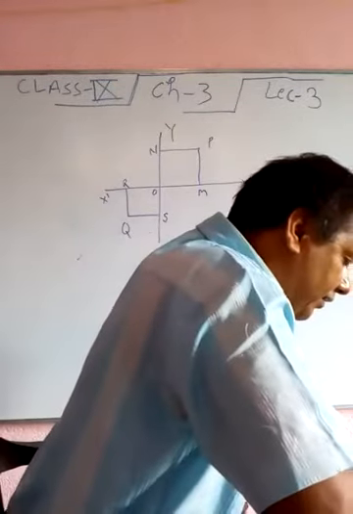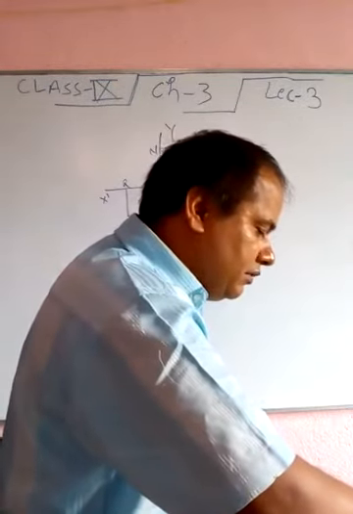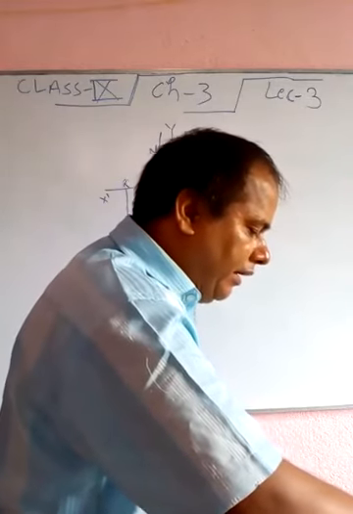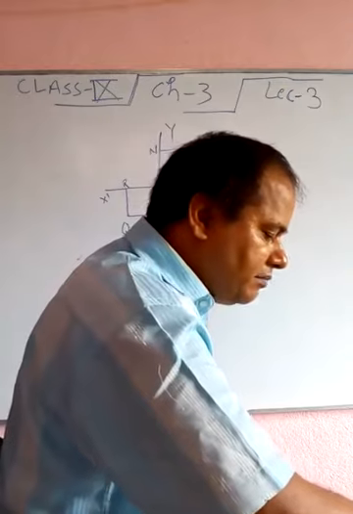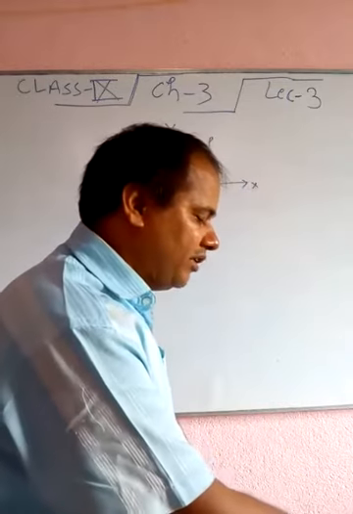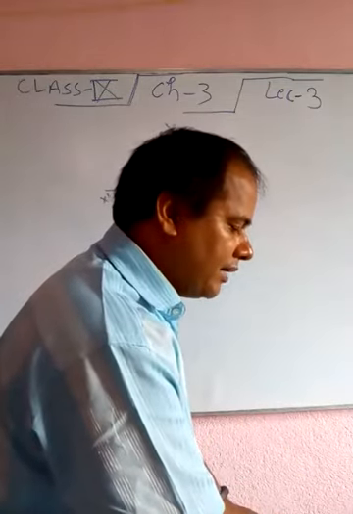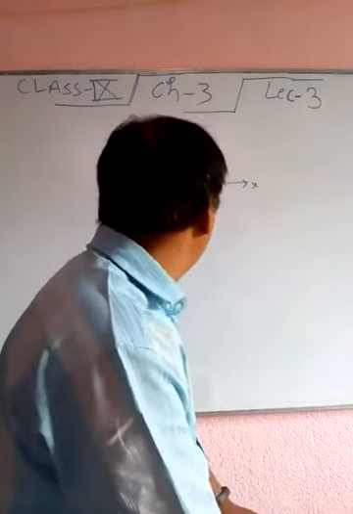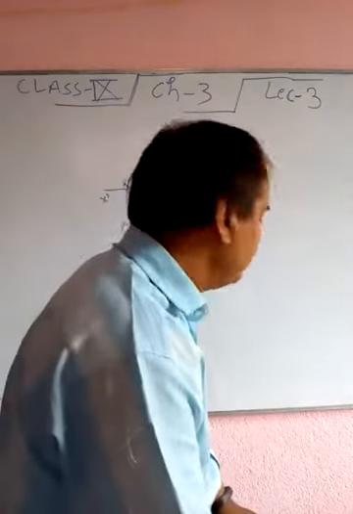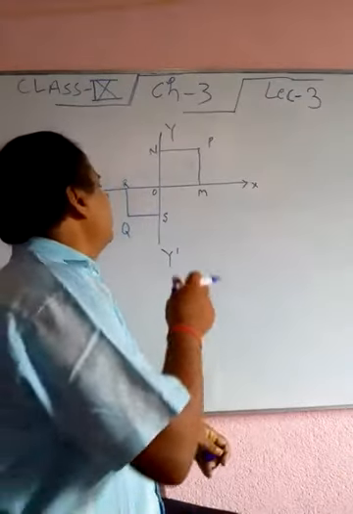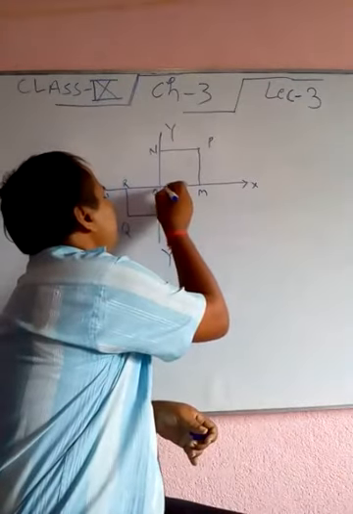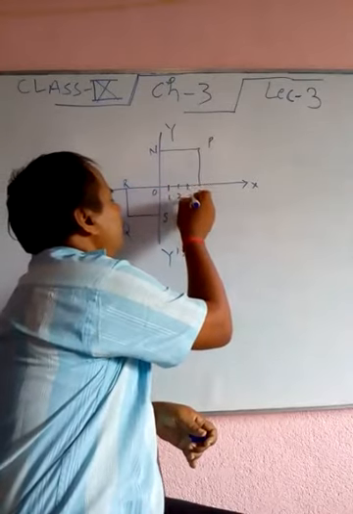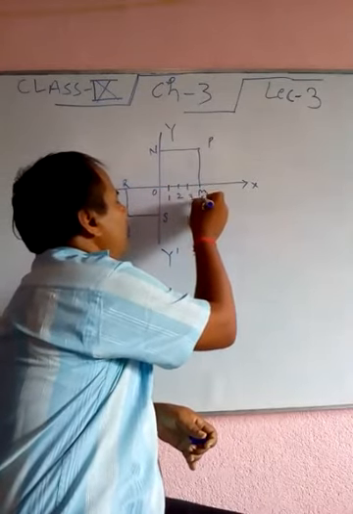You find that, number 1, the perpendicular distance of the point P from the y-axis measured along the positive direction of the x-axis is PM equal to OM equal to 4 units. So you have to put the markings here also: 0, then 1, 2, 3, and here it is 4.